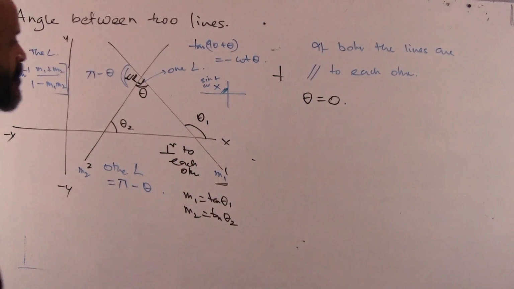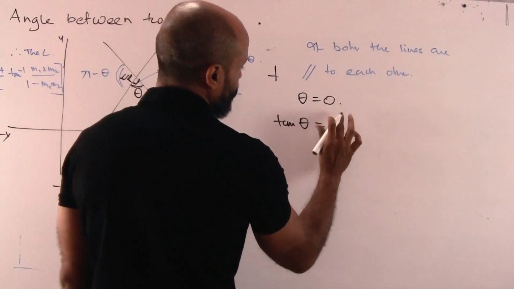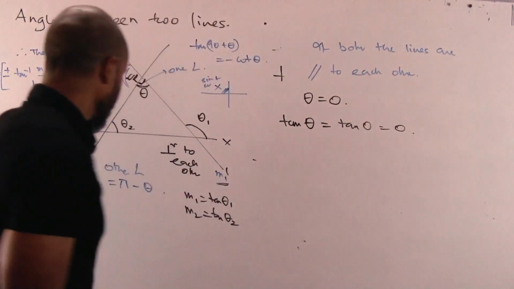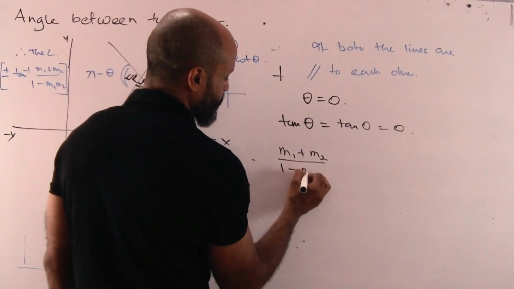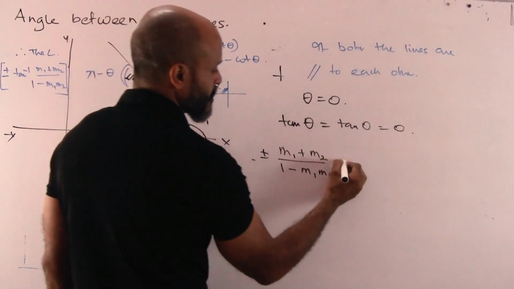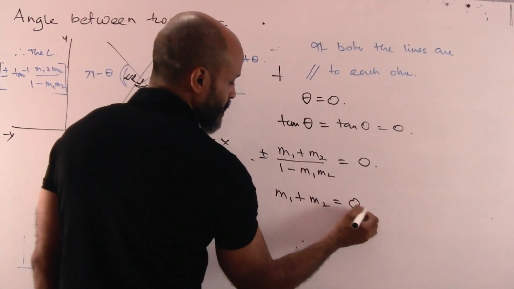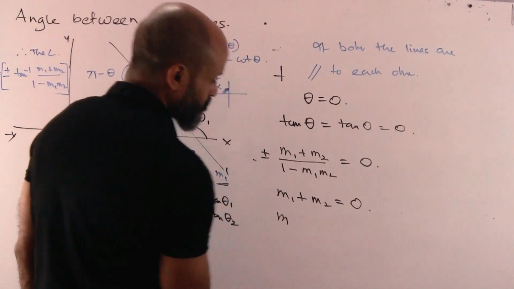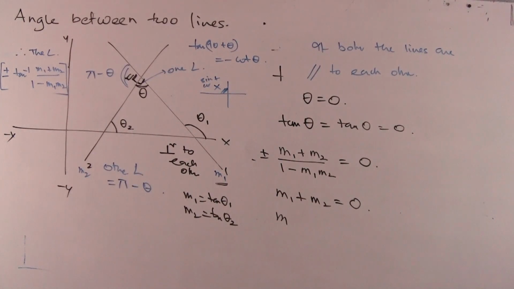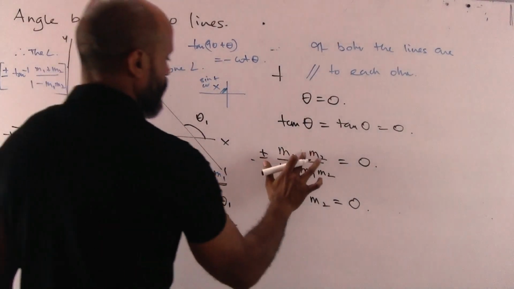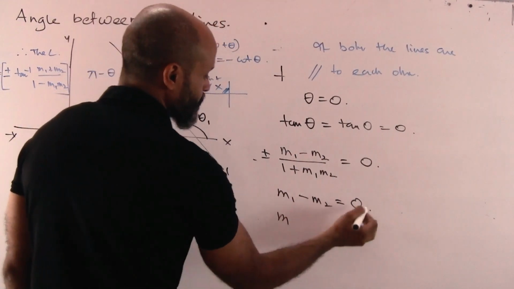So, tan theta will be equal to tan of 0, which means 0, and we know tan theta is equal to plus minus (m1 plus m2) upon (1 minus m1 m2). This will be equal to 0. So, the plus minus gets cancelled here. I'm sorry, this is (m1 minus m2) upon (1 plus m1 m2). So, in this case m1 minus m2 is equal to 0.